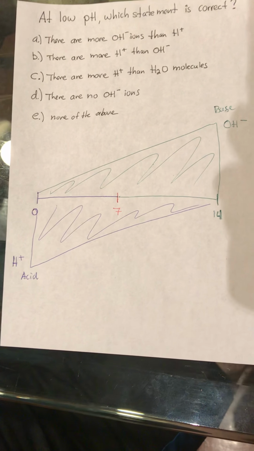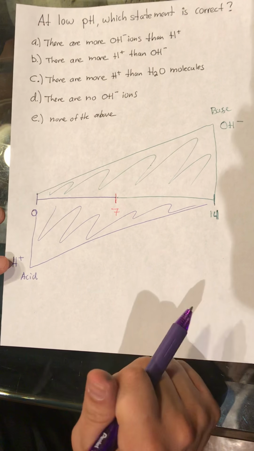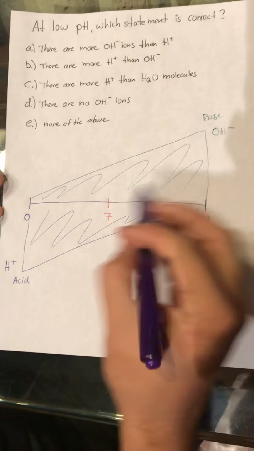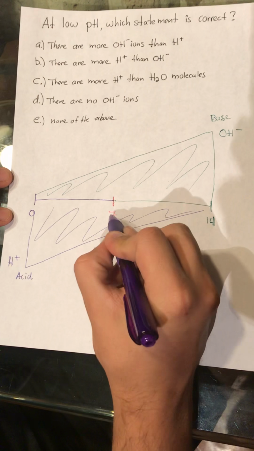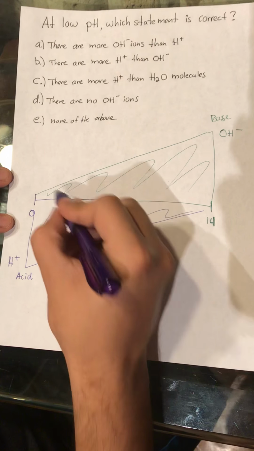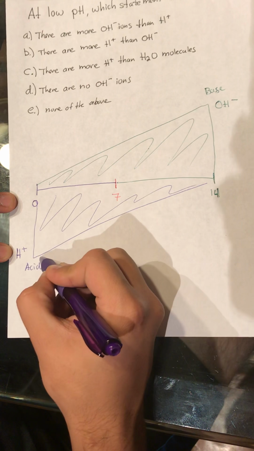So now that we have this chart, we can easily determine that the lower the pH, because this is the pH level from 0, 7, and 14, the more hydrogen ions there's going to be.